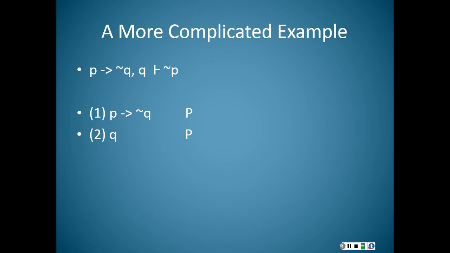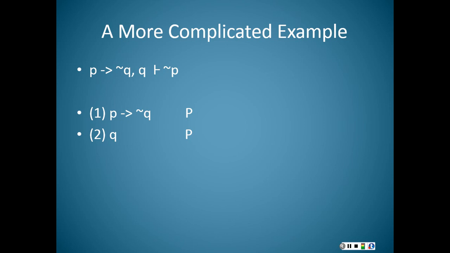The negation of the consequent would have to be a sentence that has a negation sign in front of the consequent of the conditional on line 1.